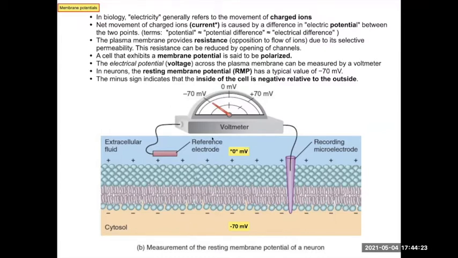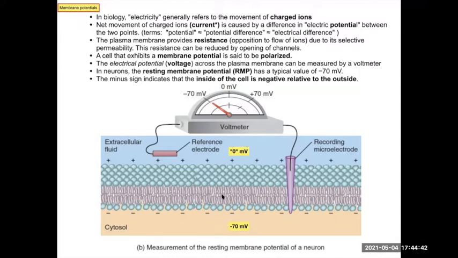So when you have this kind of difference in the outside versus the inside, the cell is said to be polarized, which most actual cells in your body are. That is, there's going to be a difference inside the cell from outside the cell.